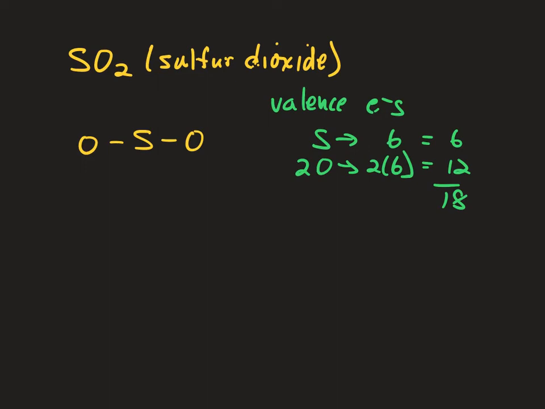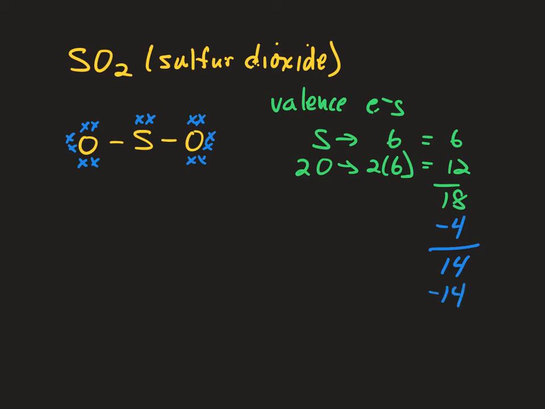Because of bonds, you have already accounted for 4 of those, leaving 14. We start around the outside, distributing in pairs, and we don't run out until we have 1 unshared pair on our sulfur.